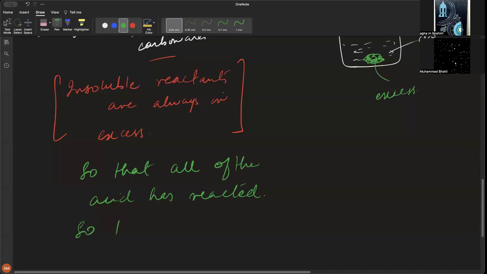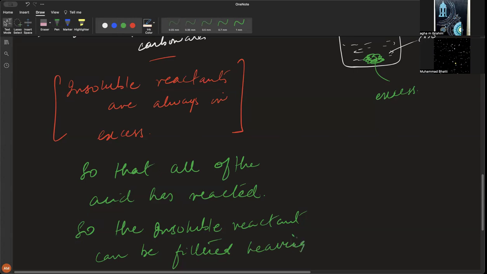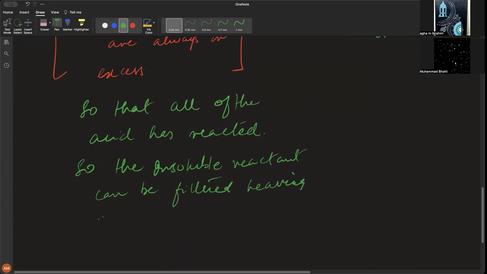So the insoluble reactant can be filtered, leaving only salt solution. You understand this point?